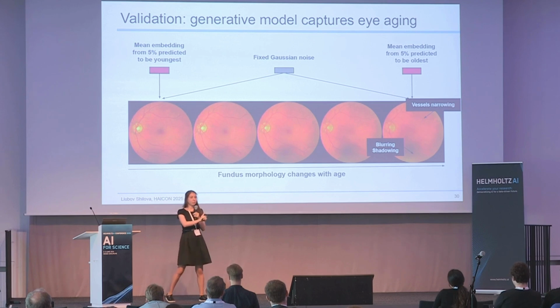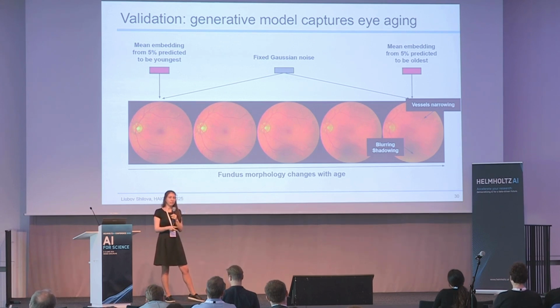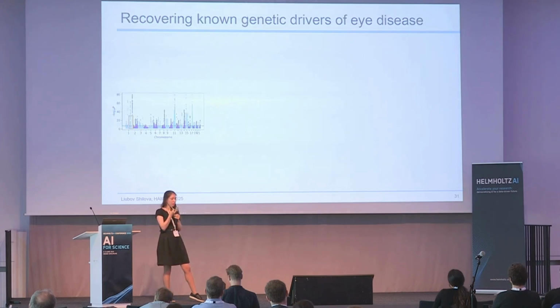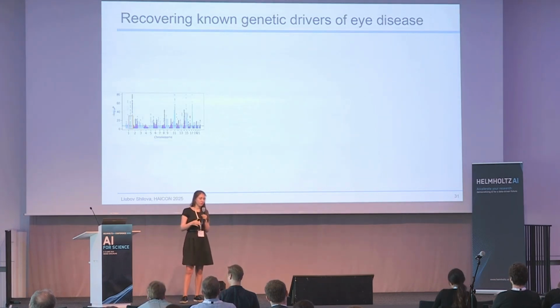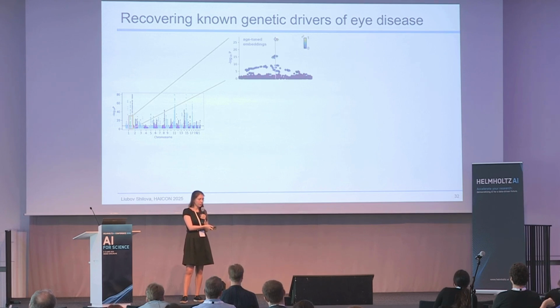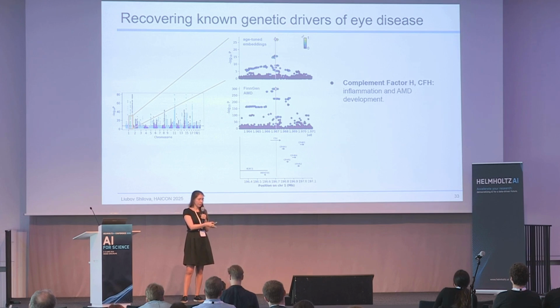And exactly the same procedure we have applied to visualize the effects of genetic variants. First, we have assessed whether RETFound can recover known genetic drivers of eye aging. If we zoom in on chromosome 1 here, we can see that there is a variant that colocalizes with FinnGen AMD outcome statistics and falls into a gene called complement factor H. This is a well-known gene that plays a role in inflammation and AMD development.